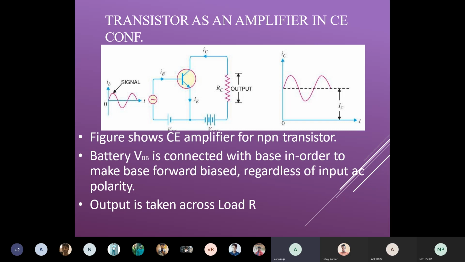Guys, look: the input is base with respect to the emitter, and the output is connected across the collector to the emitter, with your biasing voltage, called VCC. For example, make VCC 12 volt.